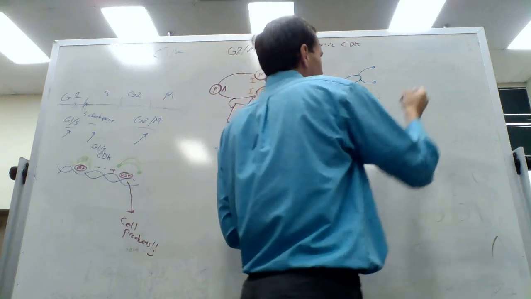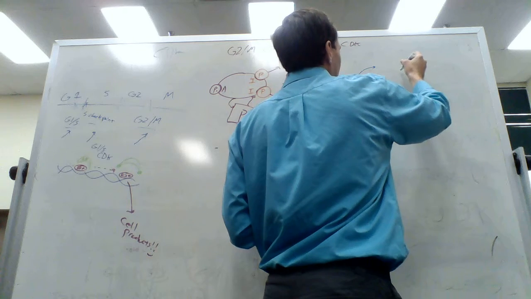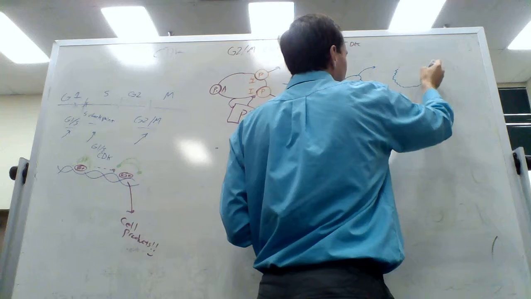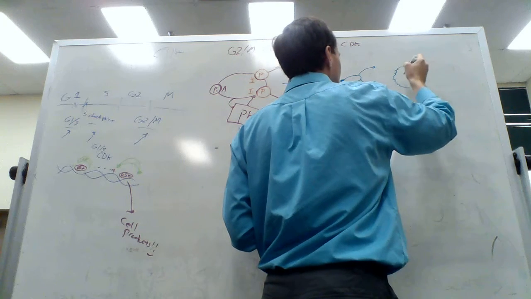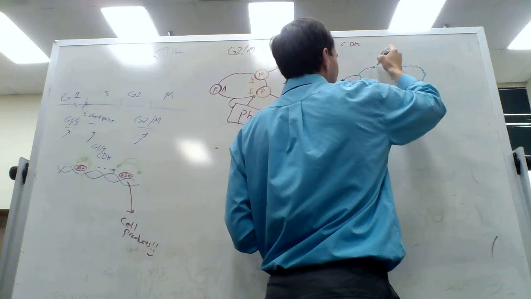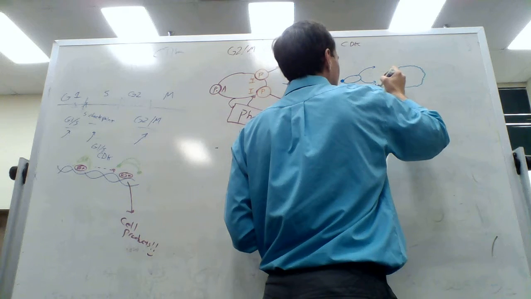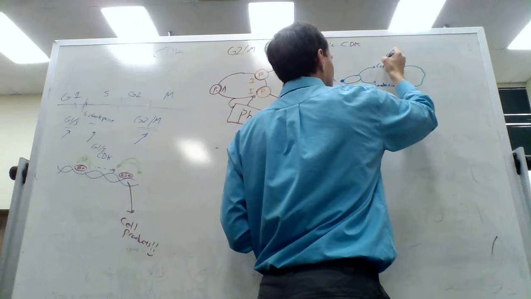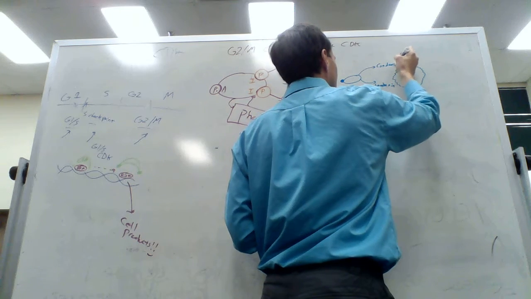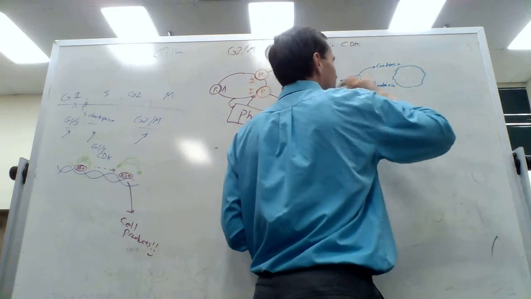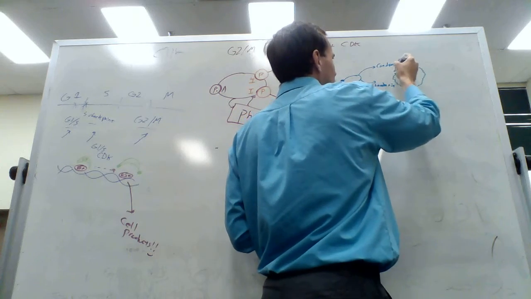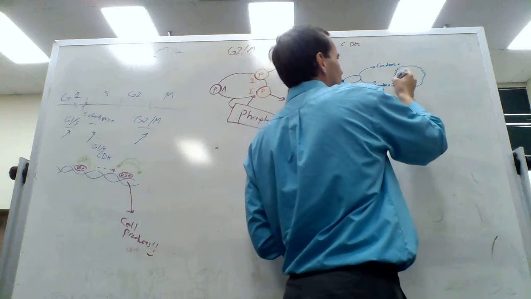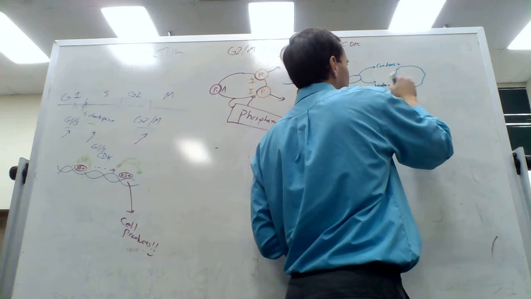It's going to activate laminase, which I'm going to draw like that, and it's going to activate condensin. Laminase, condensin. All right, so laminin, or laminase, I should have said. I believe it's laminase. There we go.